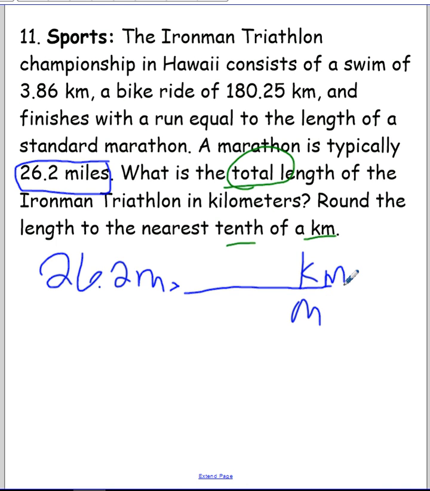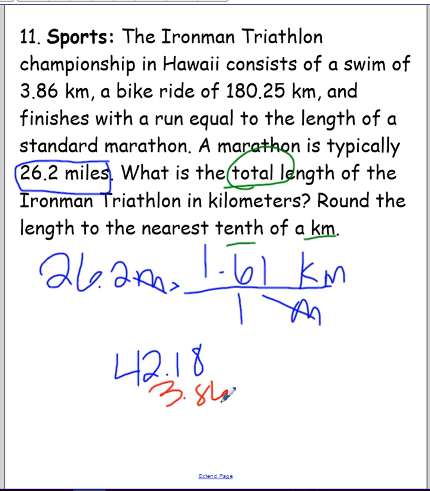And so if we do the unit conversion, it's 1 mile is about 1.61 kilometers. And so that gives us 42.18 kilometers approximately. And then we can add our 3.86 to the answer and 180.25.